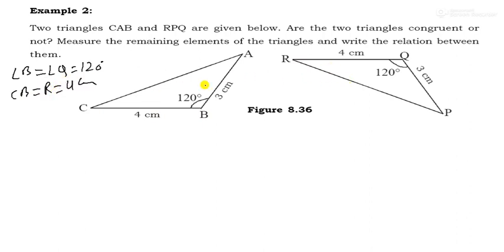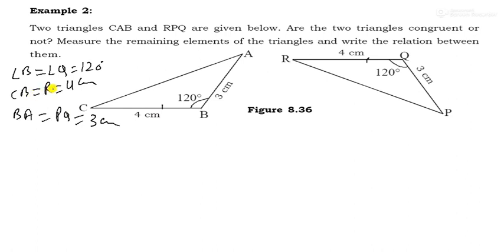Correct. This one. And now this one, BA is equal to QP or PQ. That is 3 centimeters. That means these triangles are congruent with the help of which one?